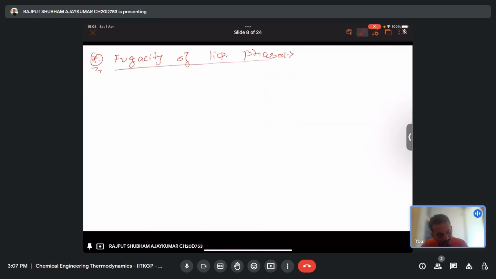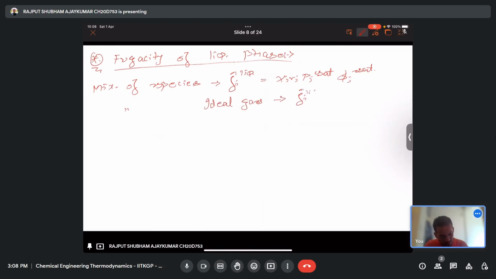So I am writing down some of these. If you take a mixture of species, fi of liquid is equal to xi gamma_i Pi sat phi_i sat, and for a mixture of species as an ideal gas it can be written like the vapor.